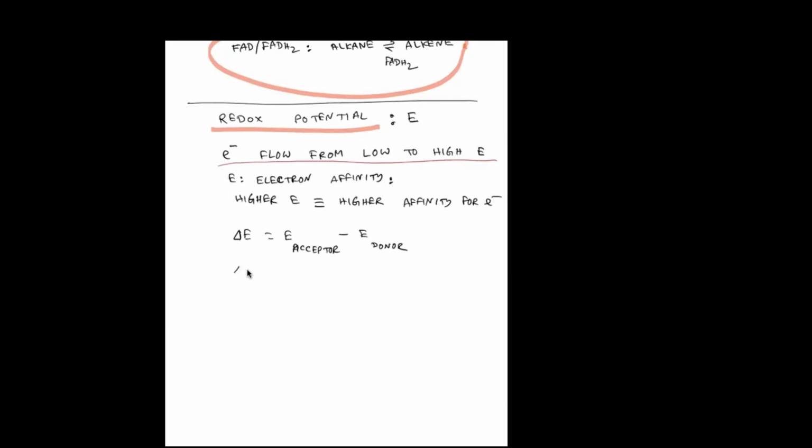And the equation relating delta G to delta E is delta G equals negative N F delta E. N is the number of electrons involved in a redox process, and F is the Faraday constant, and delta E is the difference in redox potential.